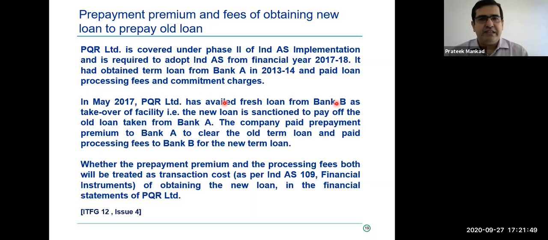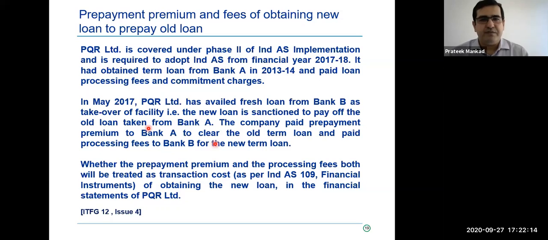Now, as part of the entire arrangement, there is a prepayment fee that PQR Limited has to pay to ICICI Bank. So there is a fee for prepayment that the customer is paying to ICICI Bank. Additionally, HDFC Bank, the new bank, tells them, when I give you a term loan, I take 1% as processing fee.